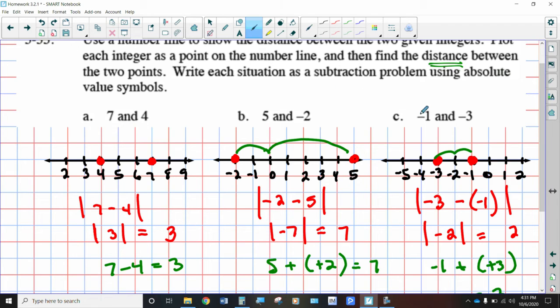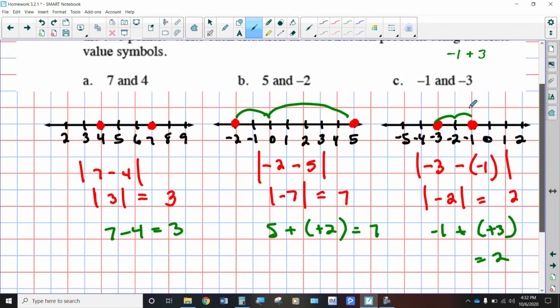Now, a little bit of a trick here. If you always put the greater number first in the subtraction process, you'll always get a positive answer. -1 minus a -3 is going to be -1 plus 3. And -1 plus 3 is equal to 2, correct? So that means that these 2 points on the number line must be 2 units away from each other.